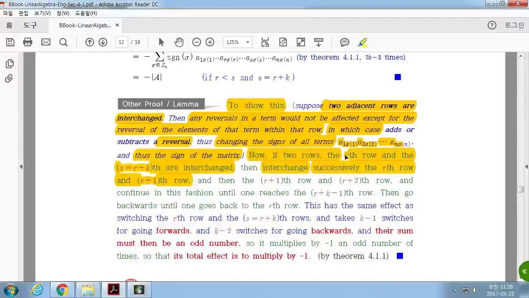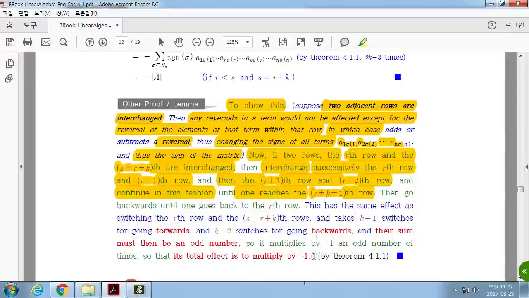then you will have this R-th row in the S-th position. Then the R plus first row, the R plus second row, and it continues in this fashion until one reaches R plus K minus 1. You do it over and over again until the first row goes to R plus K minus 1.